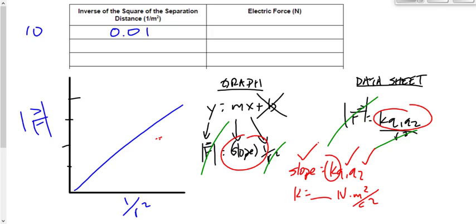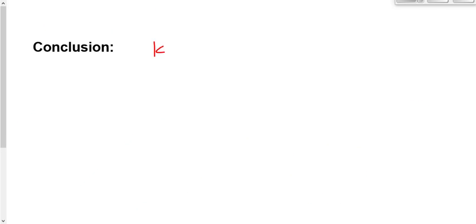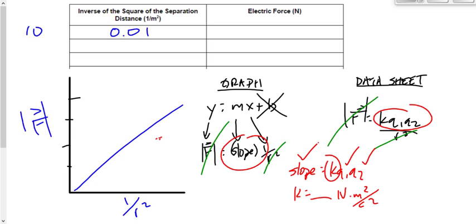The value of Coulomb's constant is, write it down, whatever you got. And then justify it. How do you know that? I know this because whatever. I don't expect you to give me this entire analysis again, but just give me a brief summary of that analysis in your conclusion to tell me exactly what you did.